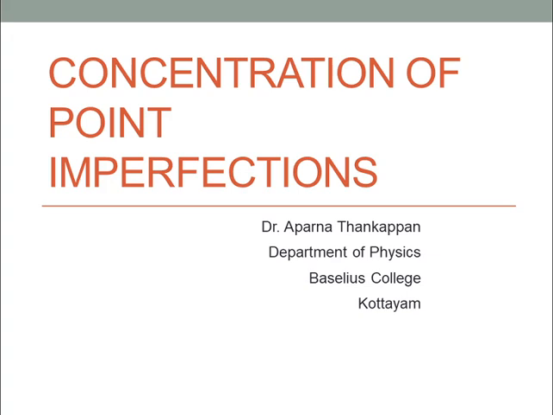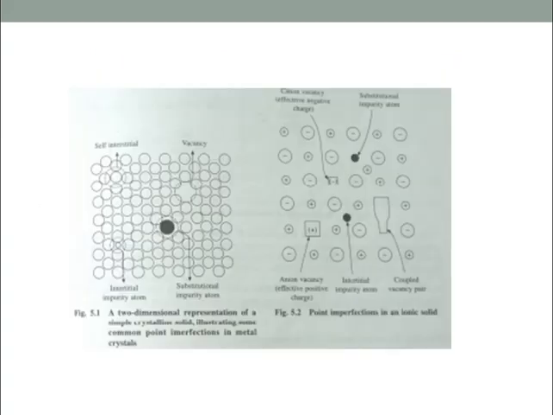Sometimes the vacancy is created when an atom migrates to an interstitial position, and then that point defect is referred to as a Frenkel defect. This is the schematic representation of the Schottky defect and Frenkel defect.